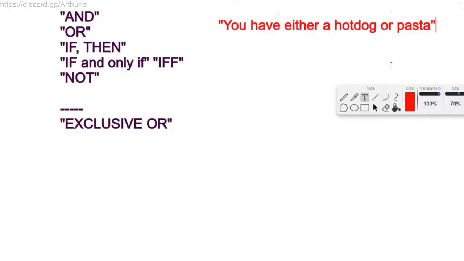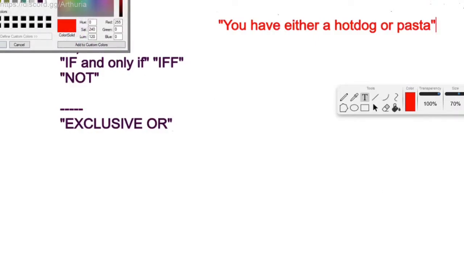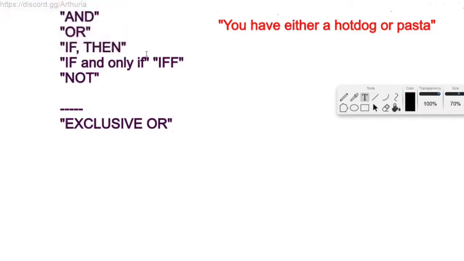So what do you think the word or here means? Since you mentioned there was an exclusive or, and this is not the exclusive or, it has to be somehow inclusive. So maybe it means you can have a hot dog or pasta, or both a hot dog and pasta.